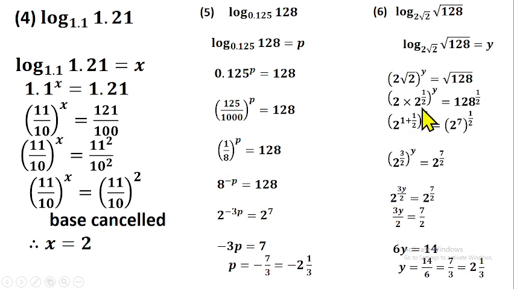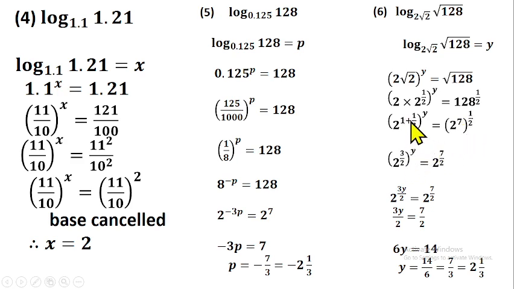Then from there, what can we do? You can apply the law of indices to this bracket, since this is 2 raised to power 1 times 2 raised to power half. They have the same base, so we can pick one of the base and add the power. So you have 2 raised to power 1 plus half, then raised to power y here, equals to, we can change this 128 to an index form, and that should give us 2 raised to power 7, then raised to power half.